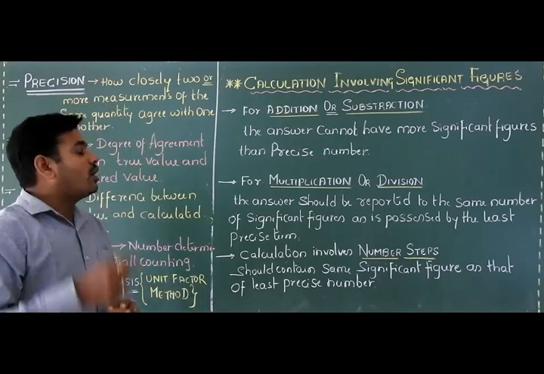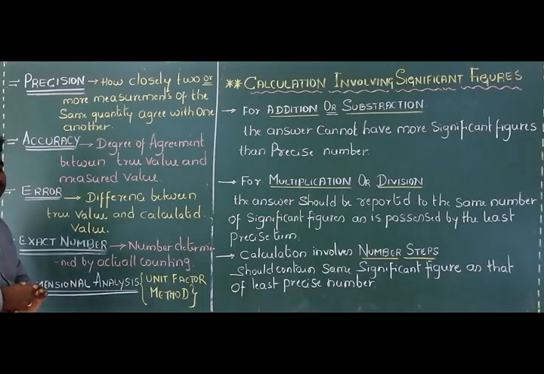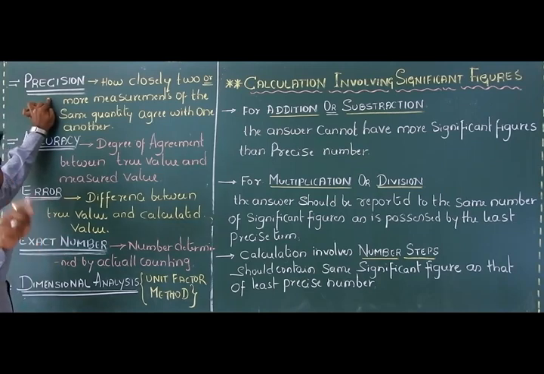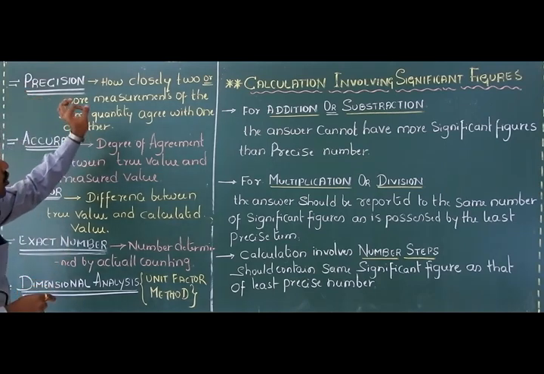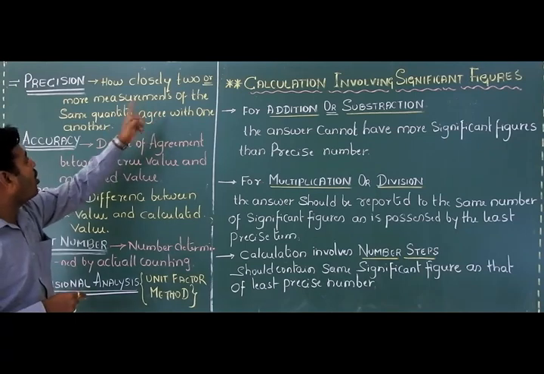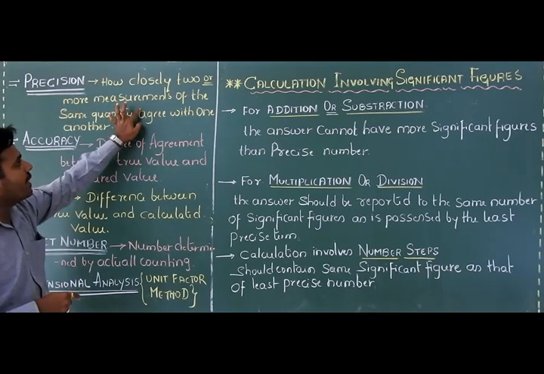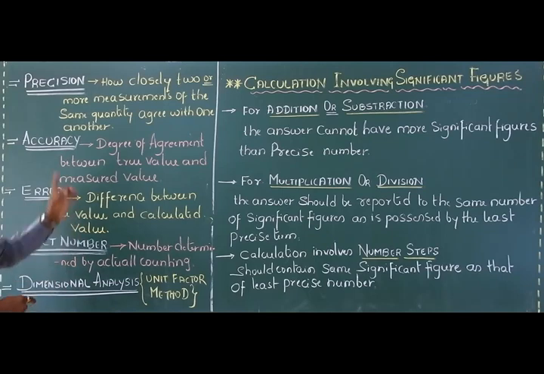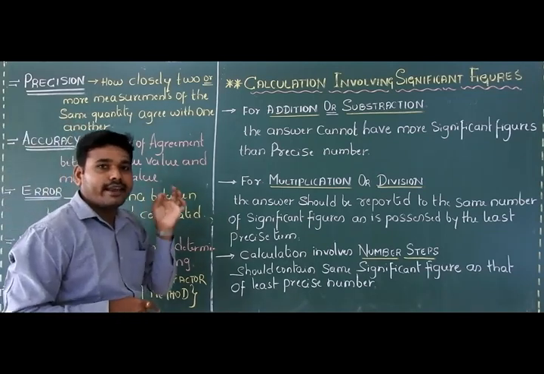Okay, now out of these 5 terminologies, the first term is called precision. Listen to this word carefully. The word precision refers to how closely 2 or more measurements of the same quantity agree with one another.